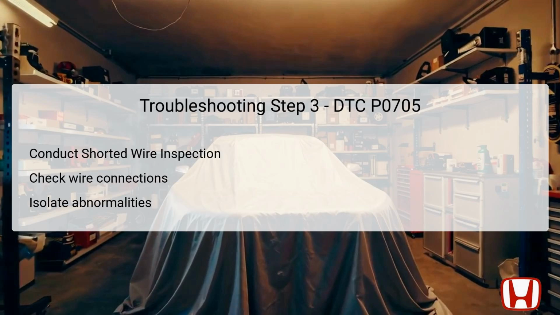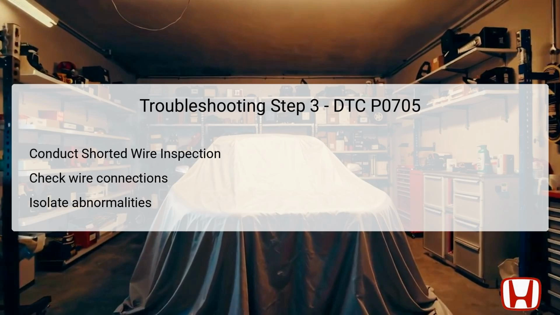The third troubleshooting step emphasizes performing shorted wire inspections. Disconnect the relevant connectors, including the transmission range switch and TCM. Inspect all wires associated with the ATP signals: ATP-P, ATP-R, ATP-N, ATP-D, ATP-S, ATP-L, ATP-forward, and ATP-RVS.